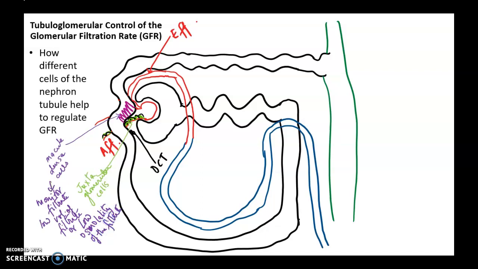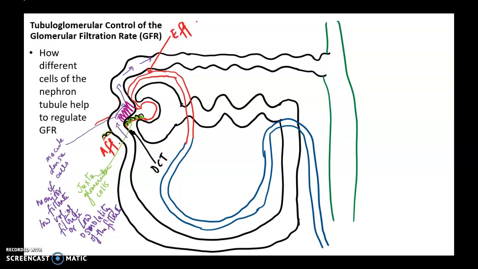So the filtrate is passing like this, right? And in case there is low volume of filtrate or low osmolality of the filtrate, the macula densa cells sense that something is off, right? It can sense, so there is of course less blood.